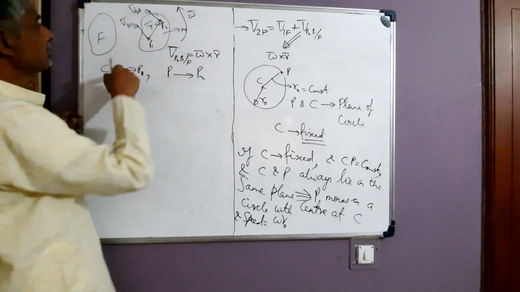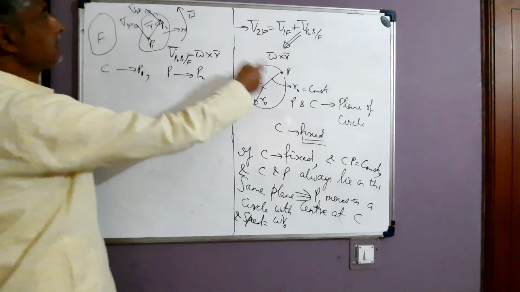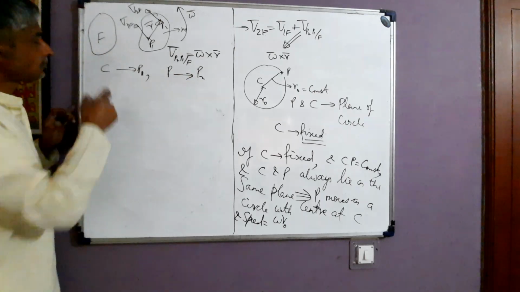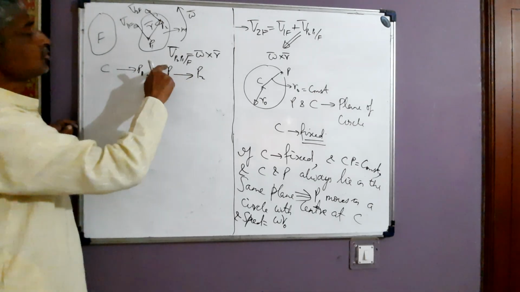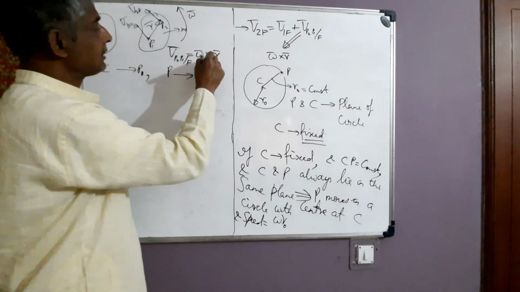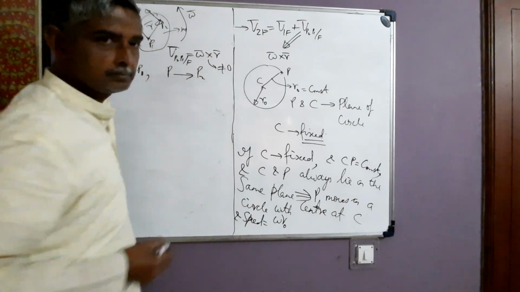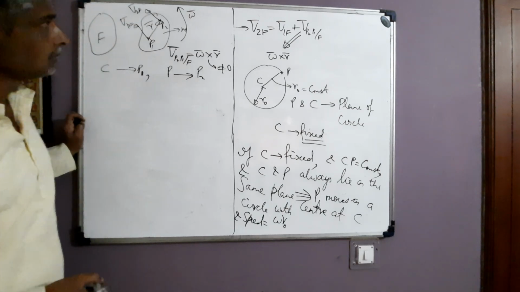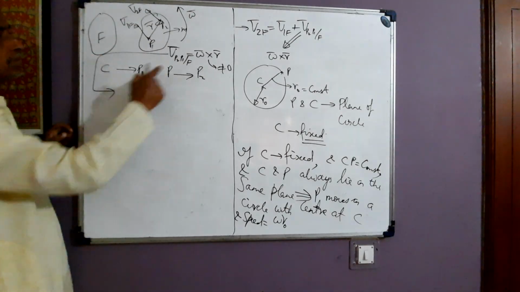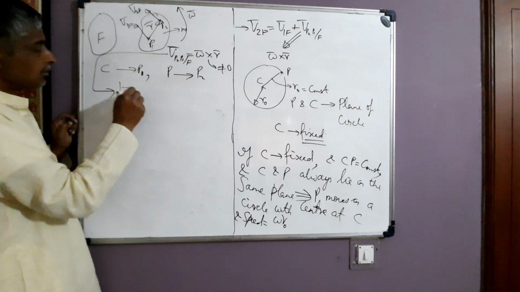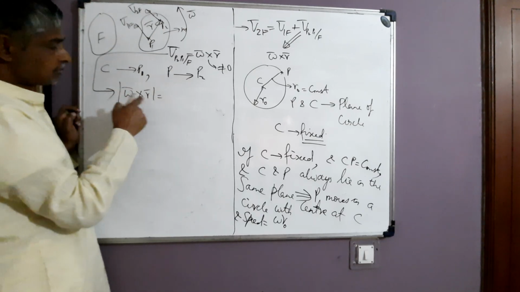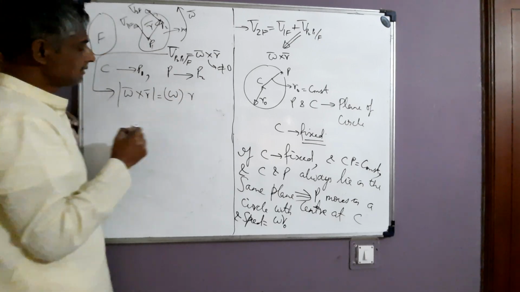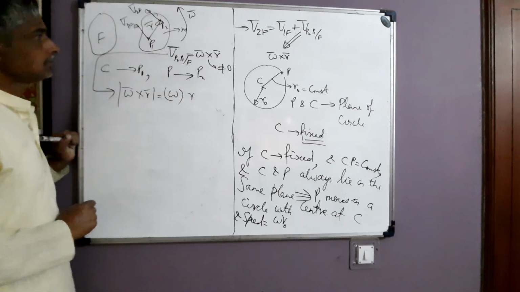Now first of all, the velocity of P2 with respect to P1 in frame F is omega cross R, which is a non-zero term. Why? Because if we evaluate the magnitude, by the cross product rule it is the magnitude of omega into the magnitude of vector R. What is the angle between omega and R?